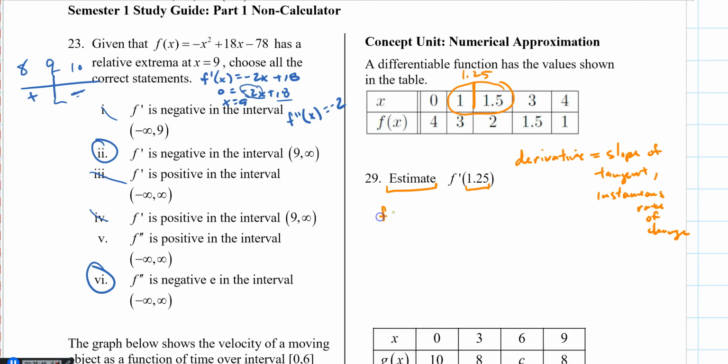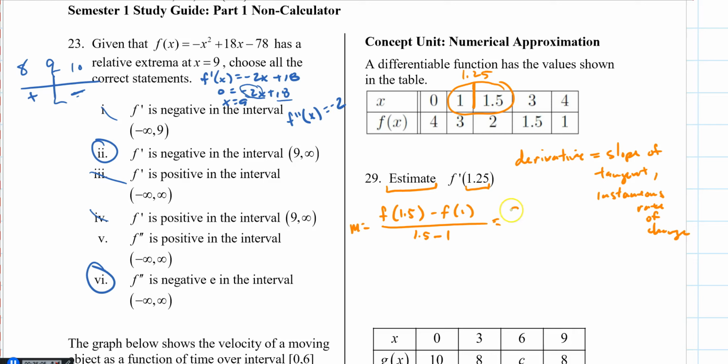So I'm going to take f of 1.5 minus f of 1 over 1.5 minus 1. That's just my slope of a secant line.